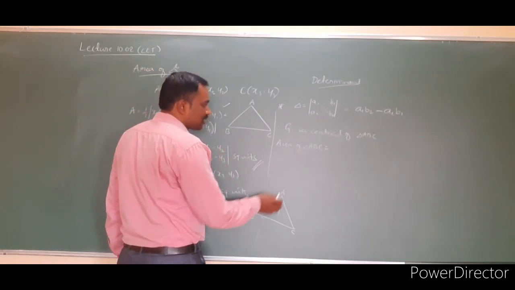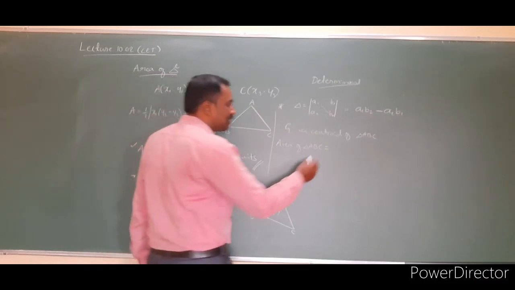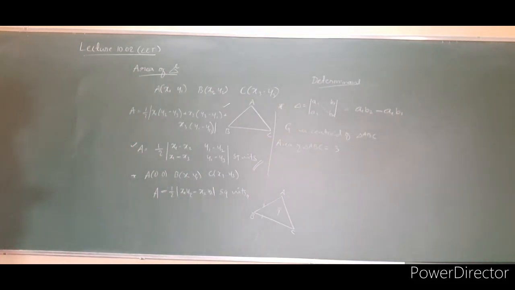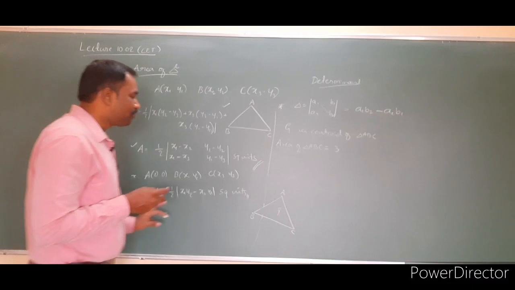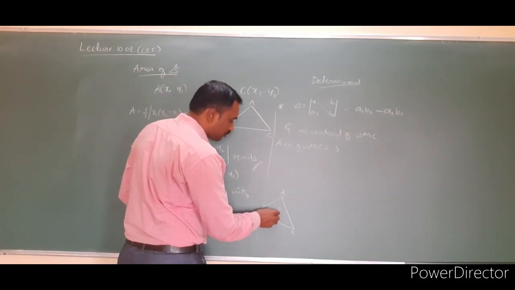Now I need to find the area of the triangle ABC. G is given, the centroid is given. In that case, it is sufficient to find 3 times the area of the triangle ABG. Here I just join all the points.